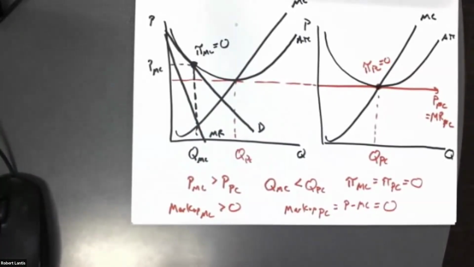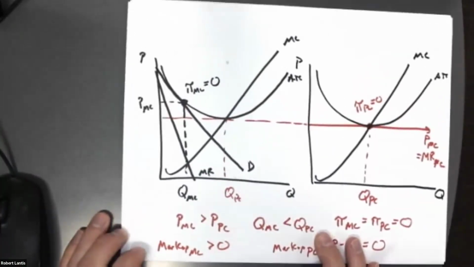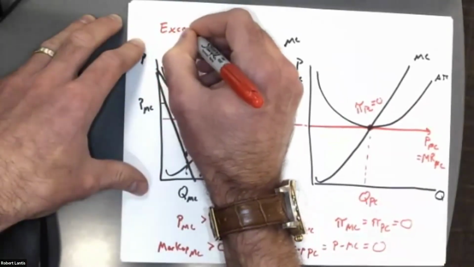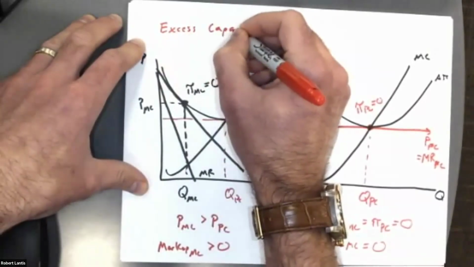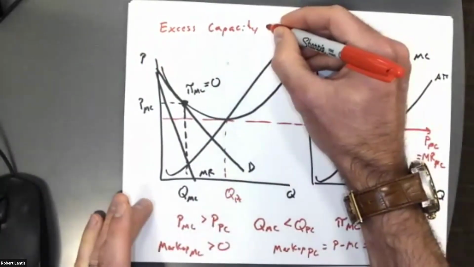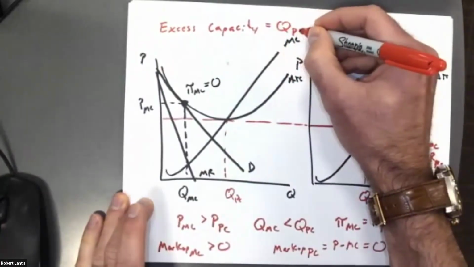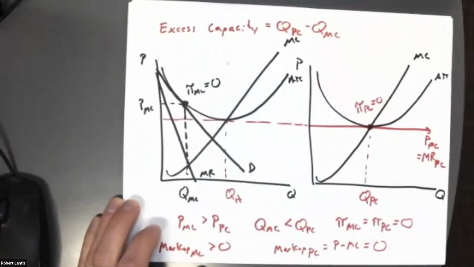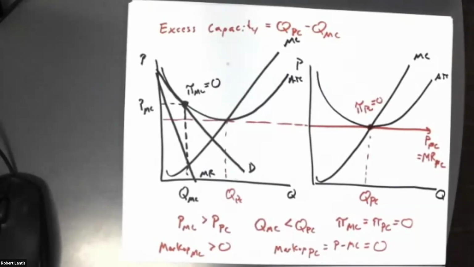Okay. Now, another thing that we will define is, when we're comparing the quantity that the monopolistically competitive firm versus a perfectly competitive firm would choose, we're going to call that difference, and we know the perfectly competitive quantity is higher, excess capacity, right?